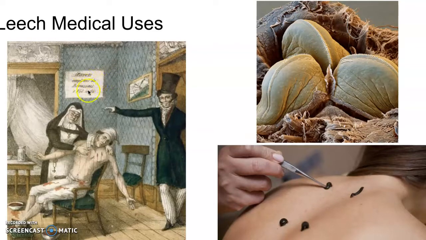They used to be used in what was called leech therapy, where people thought that using these things could detox your blood. Today we know that's not true. They can actually bring you a lot of diseases because they're parasites, so there are a lot of infection risks with leeches. These medical practices are no longer used.